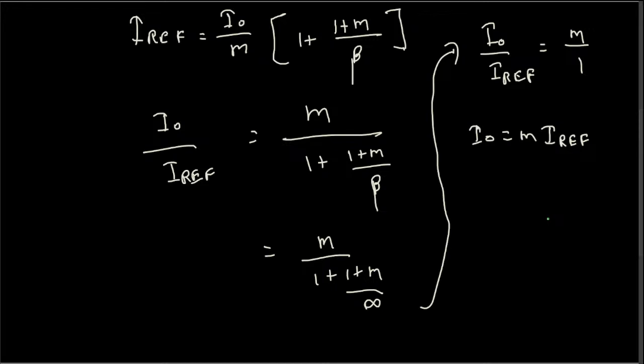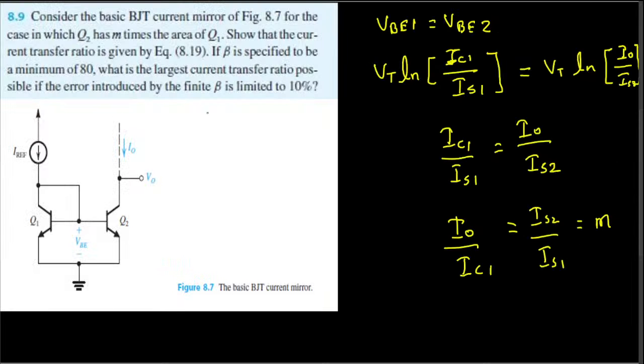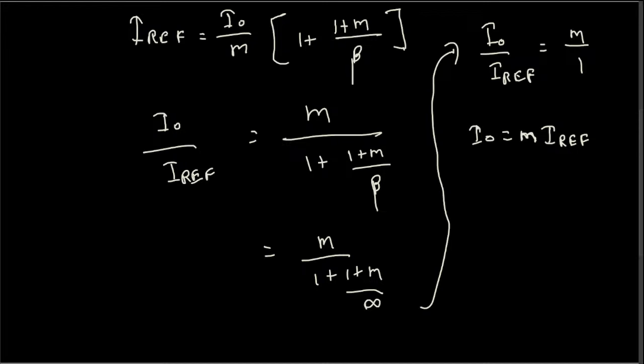So this is the case right now, and this ratio has the error. Let me double check. If beta is specified to be a minimum of 80, what is the largest transfer ratio possible? The error into finite beta is 10%. So this one is going to have 10% error.